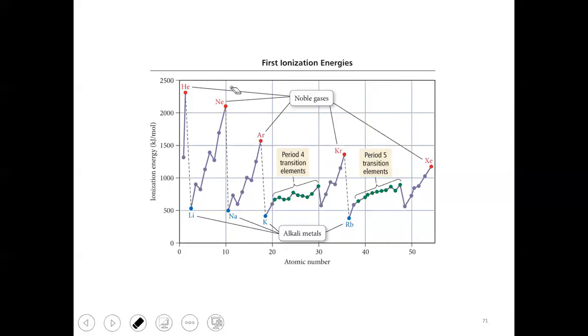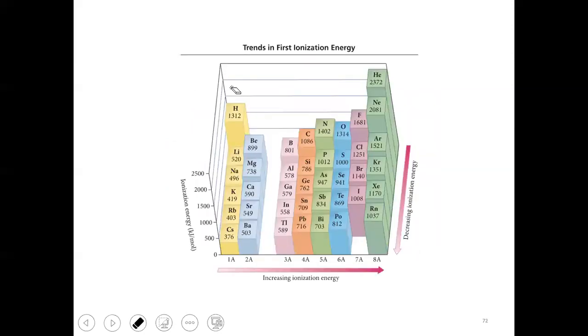Don't forget, ionization energy is kind of a way of measuring how easily can I remove an electron from that atom. The lower the ionization energy, the easier it is to remove an electron. Here's another chart which shows you more clearly these trends, and you can see how for any group, as you go down the group, you have a progressive decrease in the ionization energy.